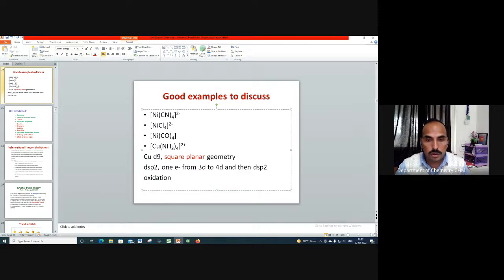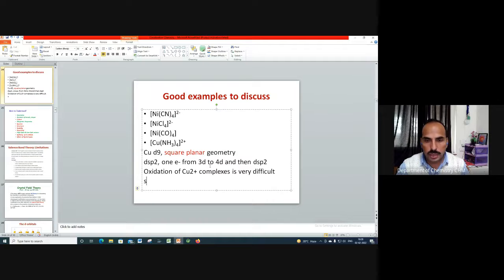However, that is not the case. Oxidation of copper 2 plus complexes is very difficult. So what is proposed is that you can't move that electron from 3d to 4d. However, for the formation of a square planar geometry, you need one s, two p and one d.